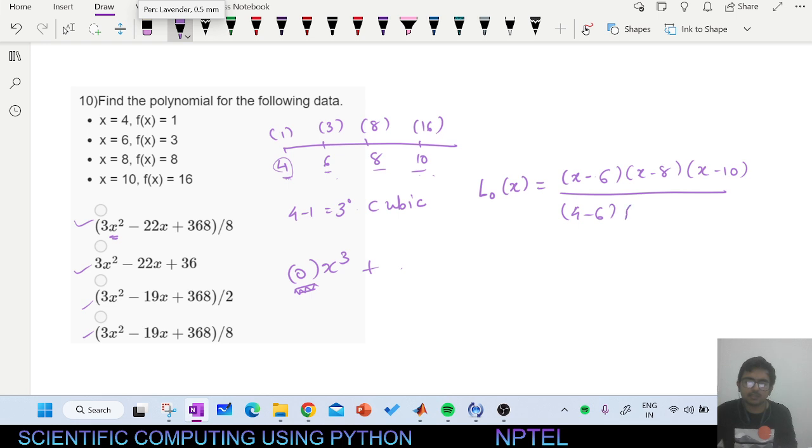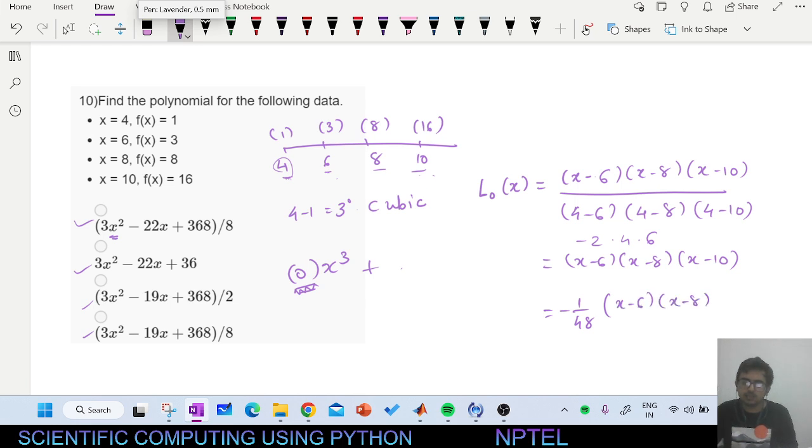So 4 minus 6, 4 minus 8, and 4 minus 10. So it will be x minus 6, x minus 8, x minus 10. Downstairs you have 2 times 4 times 6. 6 fours are 24 and 48 with a negative sign. So this is minus 1 over 48, x minus 6, x minus 8, and x minus 10.